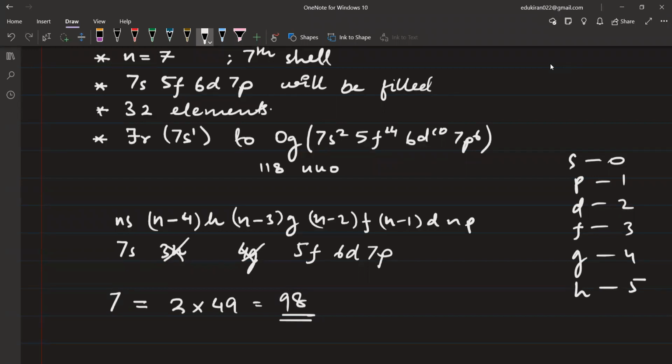I think I have to check this one for a while. For H and G, what is the criteria? N minus NP, it is going to NP, right? Just a second.